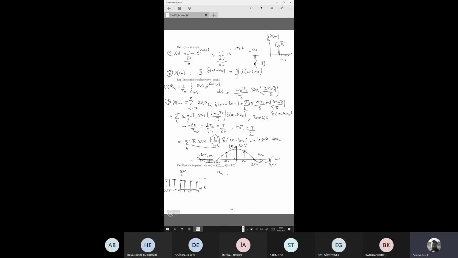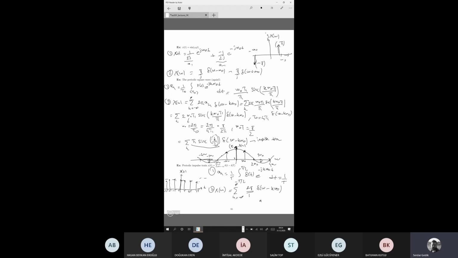So what about ak in the first step? It is 1 over T integral from minus T over 2 to T over 2, impulse of t, e to the power minus j k omega 0 t, dt. And this is, of course, 1 over T. And in the second step, x of omega is summation k from minus infinity to plus infinity, 2 pi over T, impulse omega minus k omega 0.